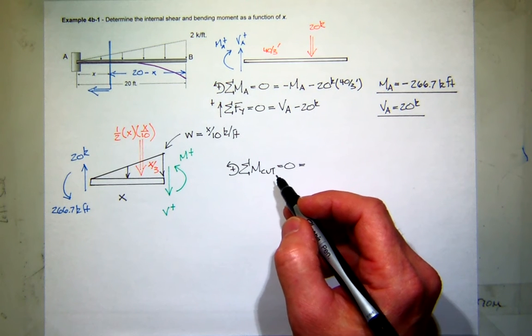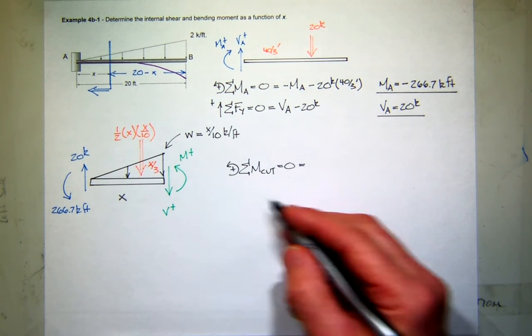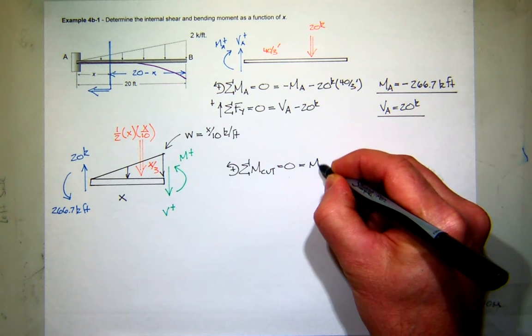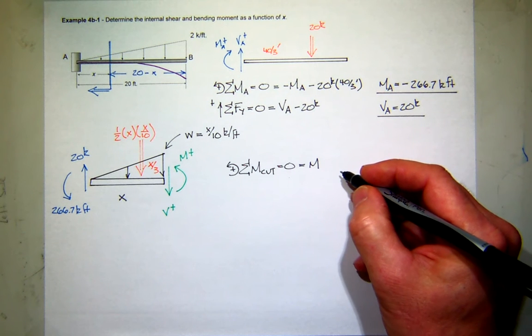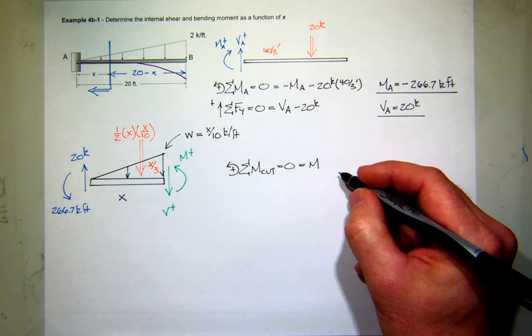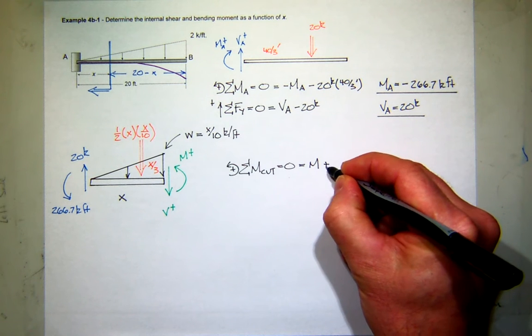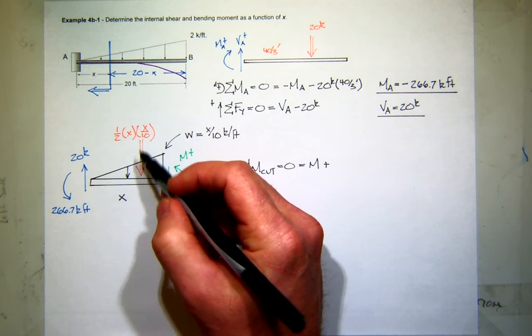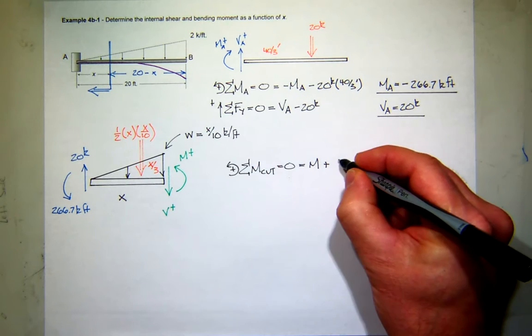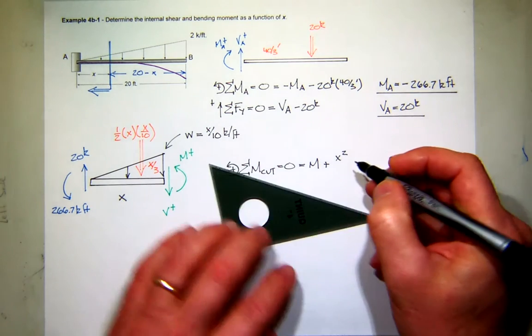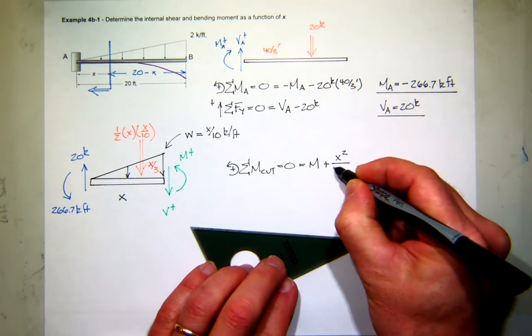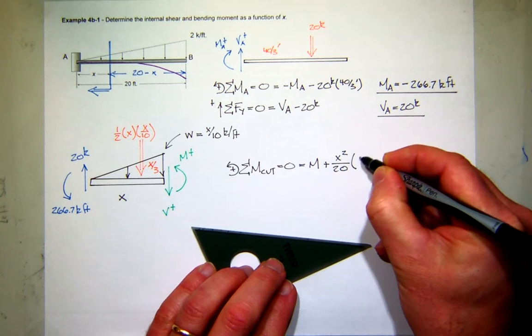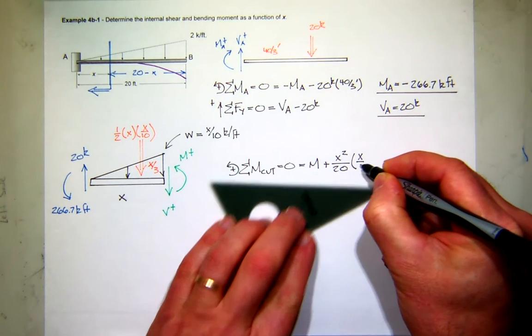Sum moments about the cut. So, M. Correct. And plus 1/2. This force? Yes. Okay, that force is going to be x squared over 20. That's the force. What's the moment on it? It's over 3. Correct. And then I'll let you off the hook.